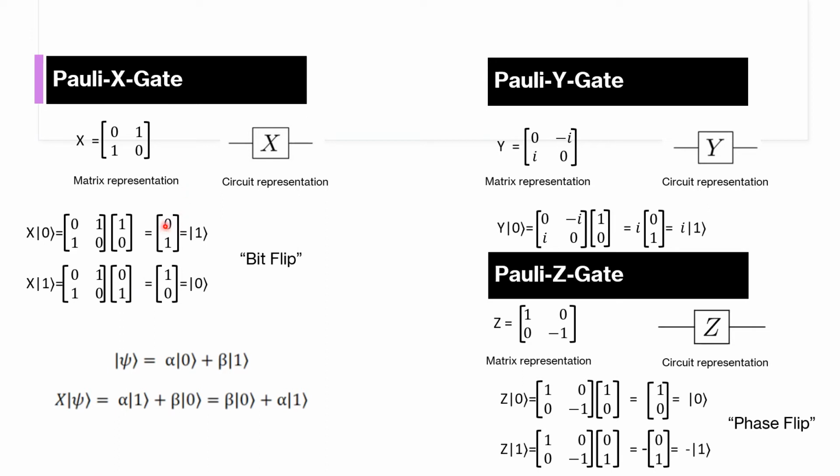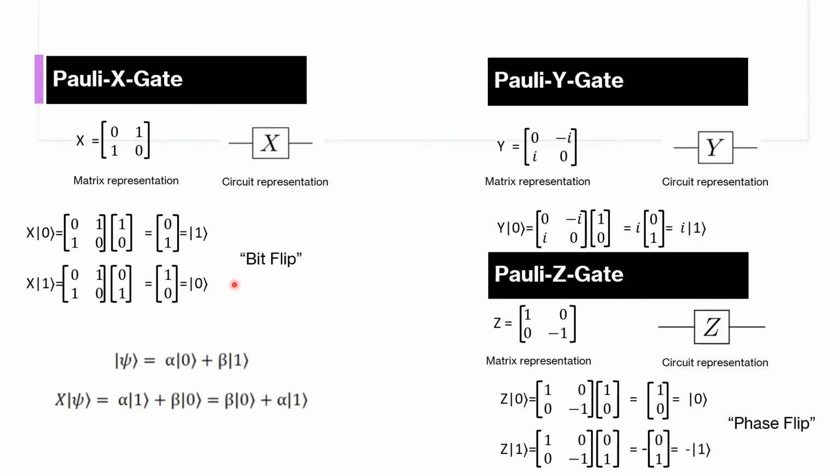This is the matrix and circuit representation of the Pauli X gate. This is similar to the NOT gate in classical computing. This X gate acts on a single qubit and flips the value of that qubit. For example, the X gate acting on ket 0 gives ket 1 state, and the X gate acting on ket 1 state gives ket 0 state.